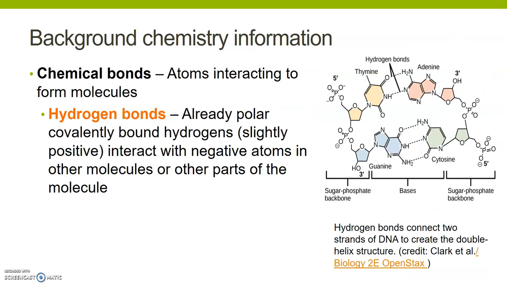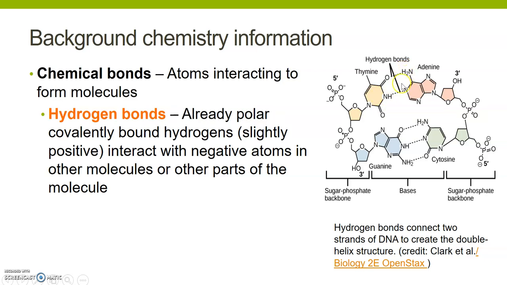Now, hydrogen bonds are one of the most complicated to actually write a definition for. I've been struggling with this for my entire teaching career. Hydrogen bonds are going to be an interaction between already covalently bound molecules. In this example, we're actually looking at DNA. This is one piece of our DNA, and you will see there's a hydrogen here and a hydrogen here.